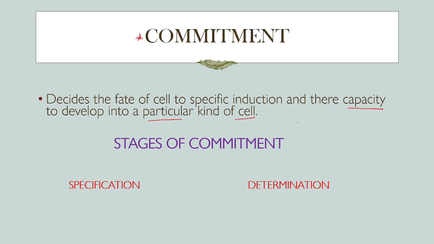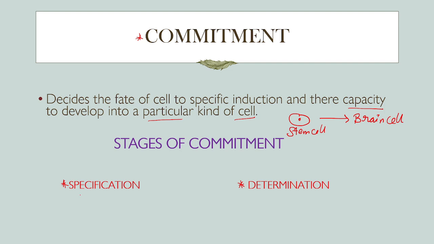Commitment, जब एक सेल कमिट करता है, like a stem cell has committed now to become a brain cell, then this is known as commitment. Stages of commitment. So there are two stages of commitment. One is specification, another is determination.